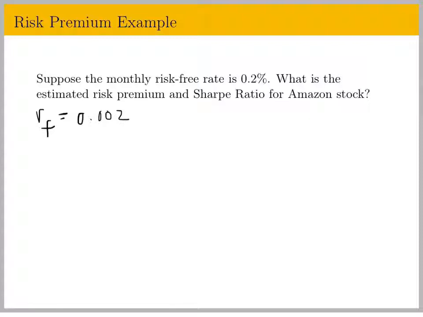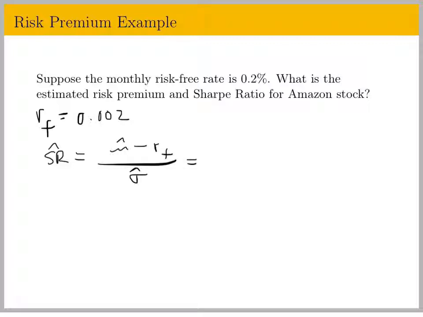Then using the numbers from before when we computed the Amazon expected return and standard deviation using historical values, what is the Sharpe ratio? Well, the Sharpe ratio estimated for Amazon is going to be equal to mu hat, so the estimated mean, minus the risk-free, all over the estimated standard deviation.